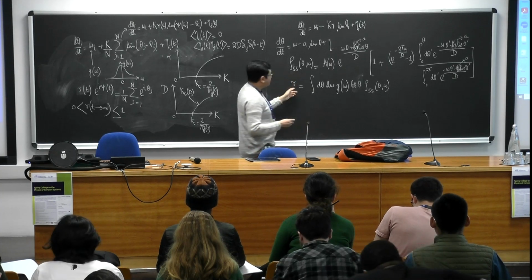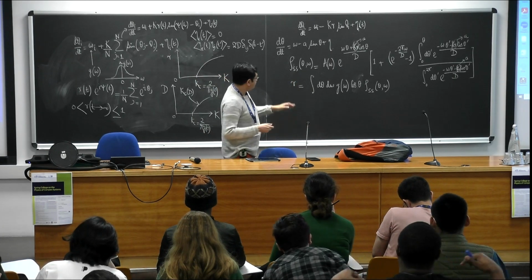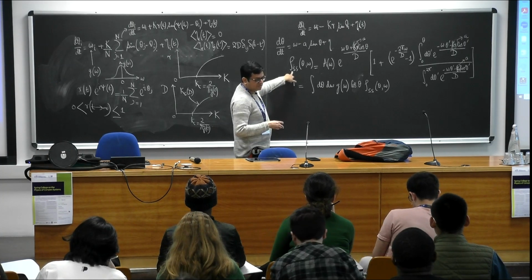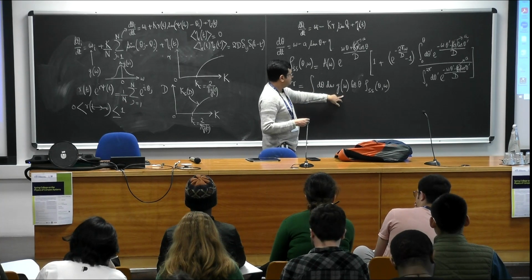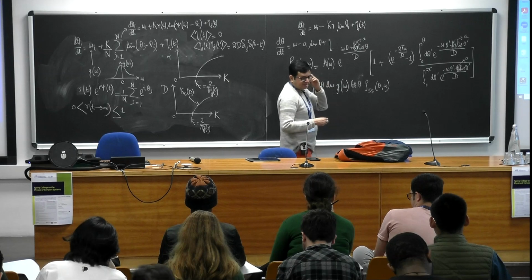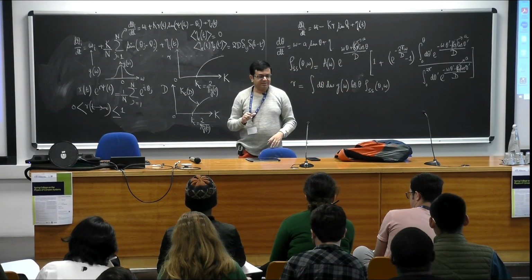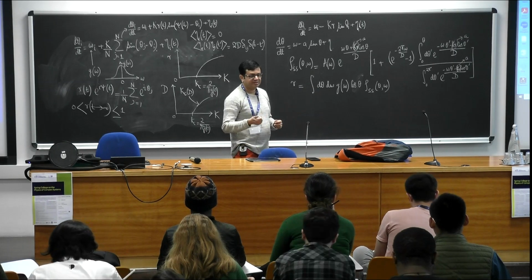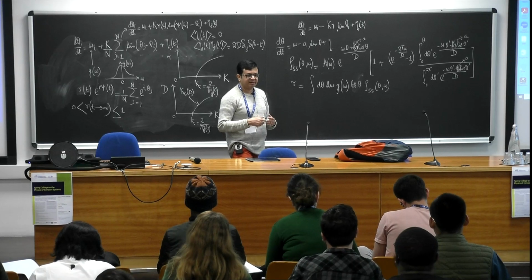Okay? But then R has to be determined self-consistently because I don't know what R is. So what I do is that R is of course determined in terms of the stationary distribution by the following formula. R is equal to the integral d theta d omega g omega rho stationary theta omega times e to the i theta. Now e to the i theta, there will be a cosine part and a sine part. The sine part will just evaluate to 0. You just plug this in or just look at the symmetry. The same kind of symmetry that we had used for the Bayer-Kuramoto model.